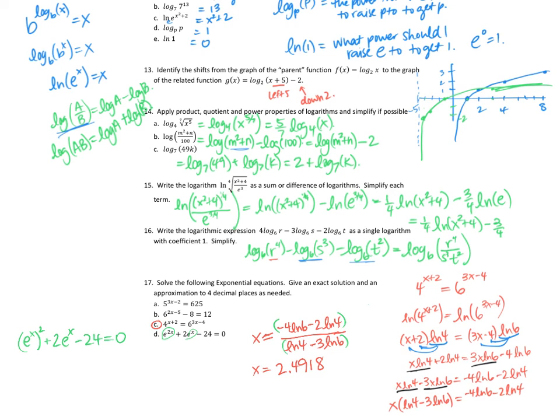And so what I get here is e to the x, I can factor. Factors of 24, I'm thinking 4 and 6. I want a positive 2 in the middle, so I better make the 6 positive and the 4 negative. That's going to work. So I get e to the x equals 4 and e to the x equals negative 6.